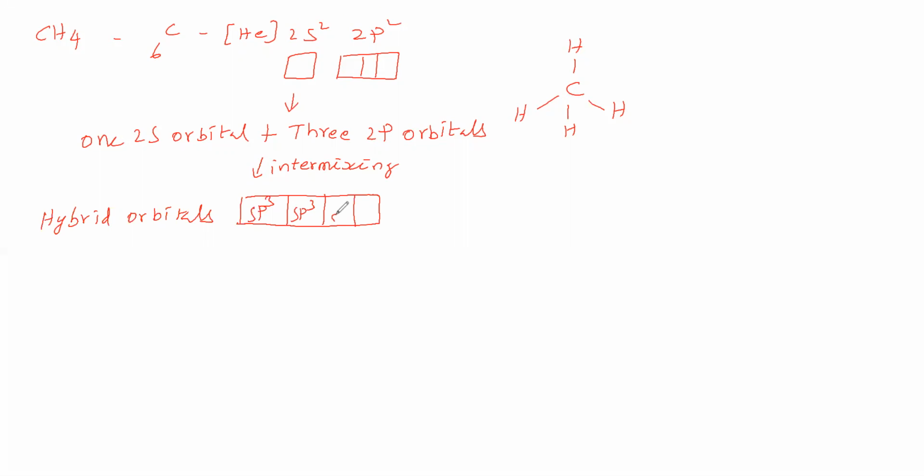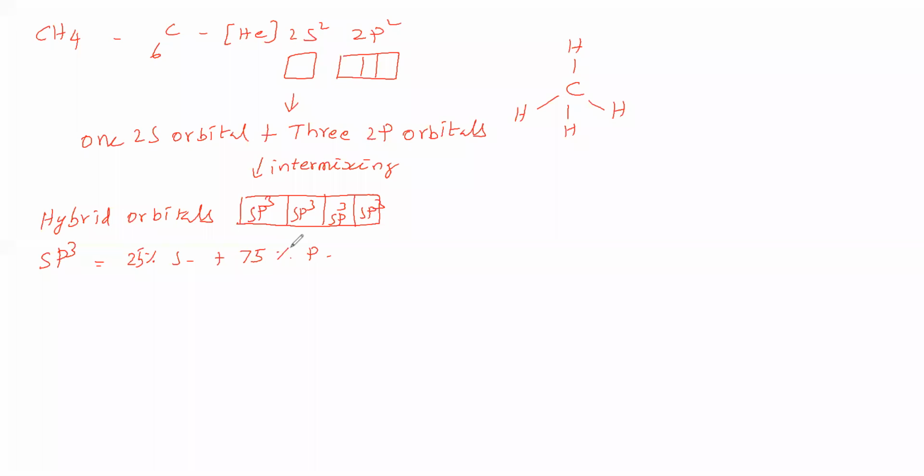Now what is the percentage of s and p character in sp3? Each sp3 hybrid orbital has 25% s character and 75% p character.